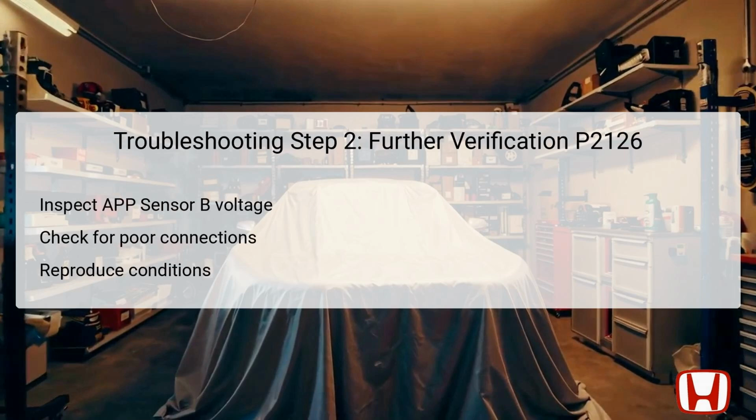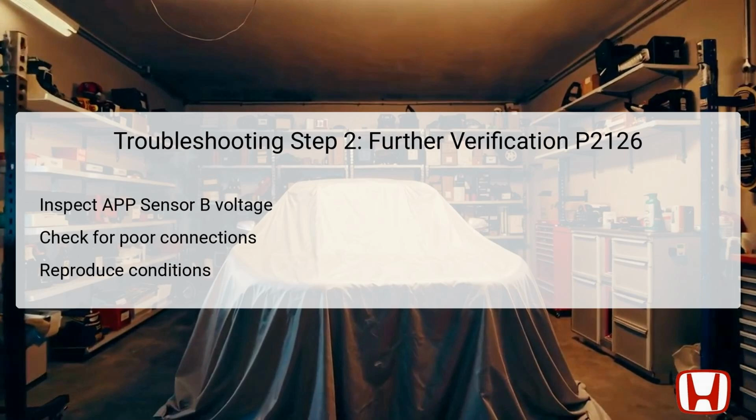If the prior voltage check does not confirm the issue, it's vital to perform a secondary verification step. Once again, scrutinize the APP sensor B voltage with the HDS in the vehicle's on mode, this time looking for readings exceeding 2.62 volts. If this condition confirms, it indicates a fault that needs to be addressed.